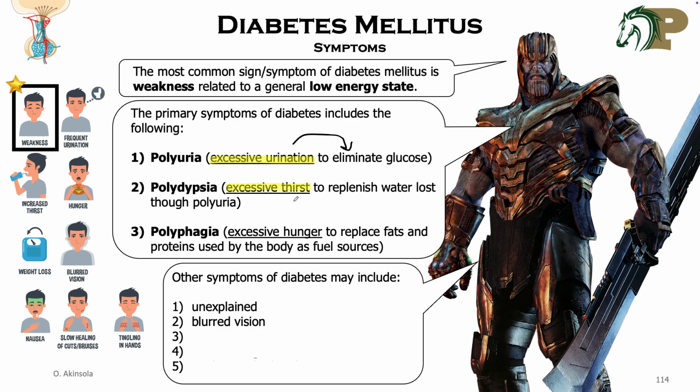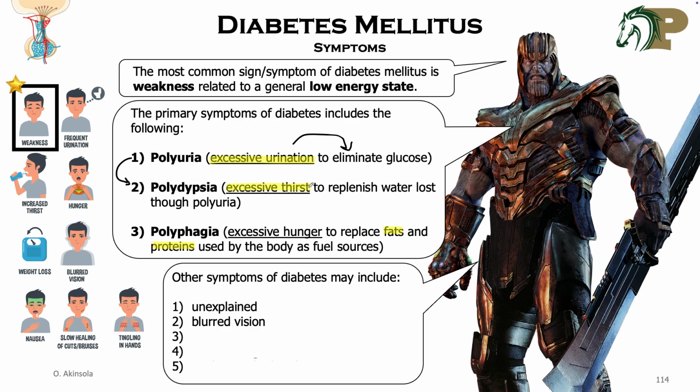So because the glucose isn't available, the body will start to use fats and proteins for fuel. And as a result of that, the individual will become very, very hungry. Okay? So essentially what's happening here is the polyuria causes the polydipsia. The excessive urination will cause the excessive thirst.